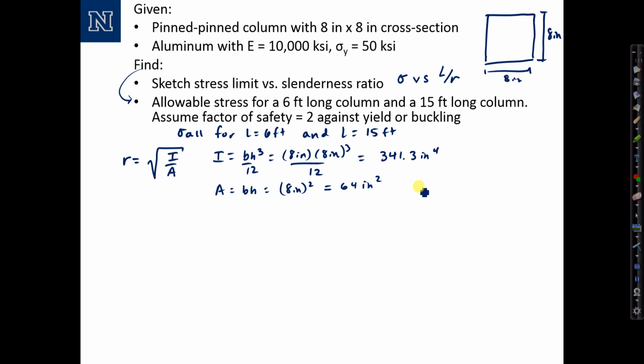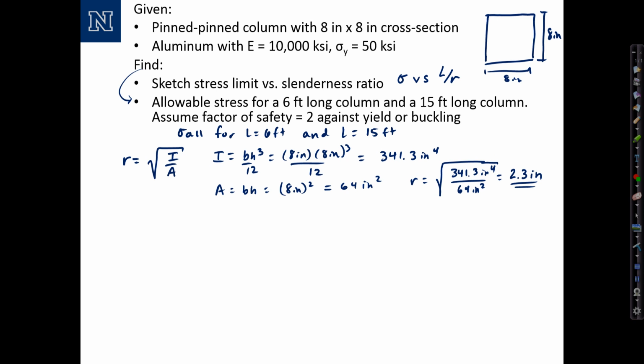So therefore, our R computes to the square root of 341.3 inches to the fourth divided by 64 inches squared, and that is about 2.3, and the units are inches. Okay, so that's the radius of gyration.